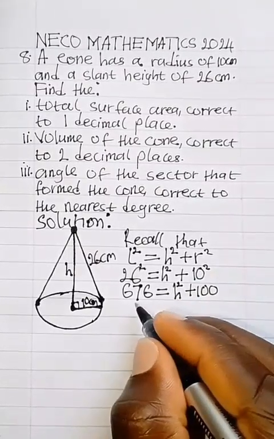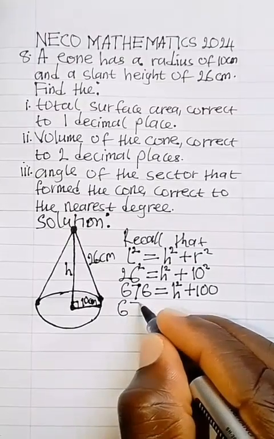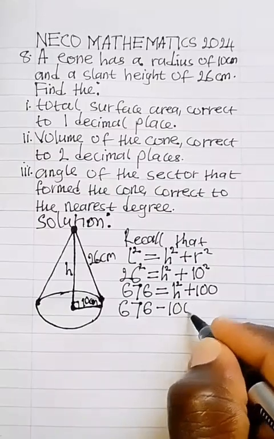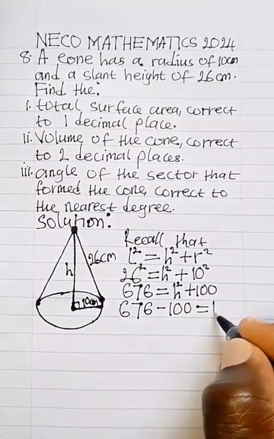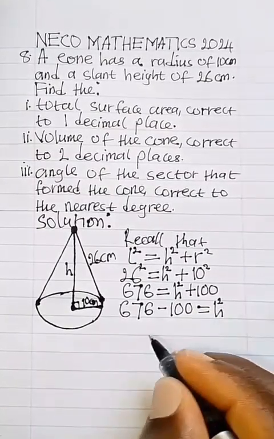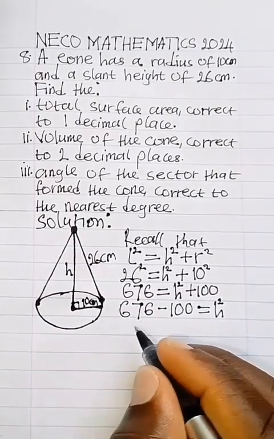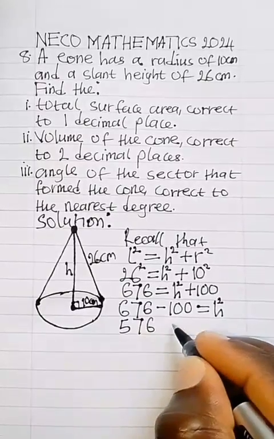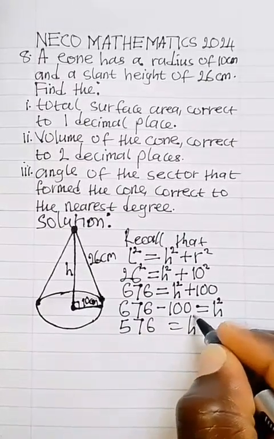Collect like terms. You have 676 minus 100 equal to h squared. If you subtract, you have 576 equal to h squared.